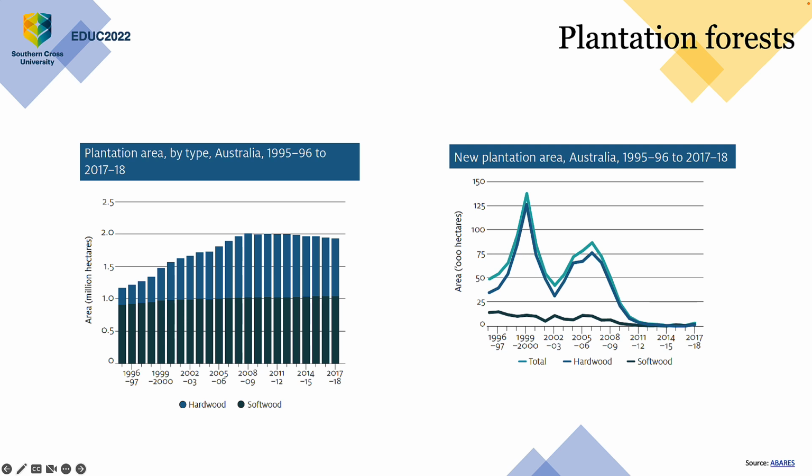Now, that's a really interesting thing to notice. One of the things when you talk about issues in the industry is that the demand for timber in Australia goes up and up and up, particularly for the construction industry. Yet the supply has now remained pretty static.